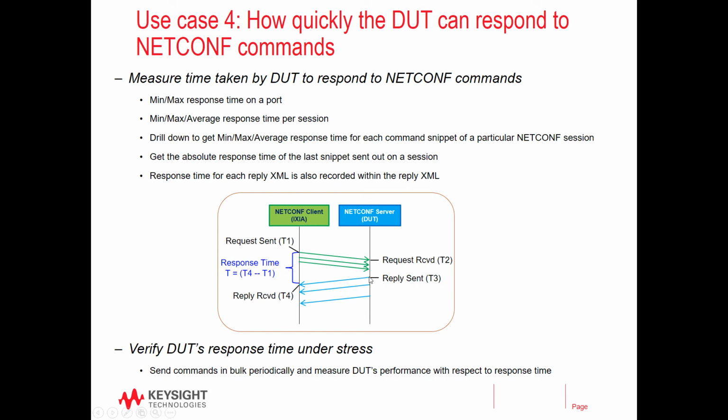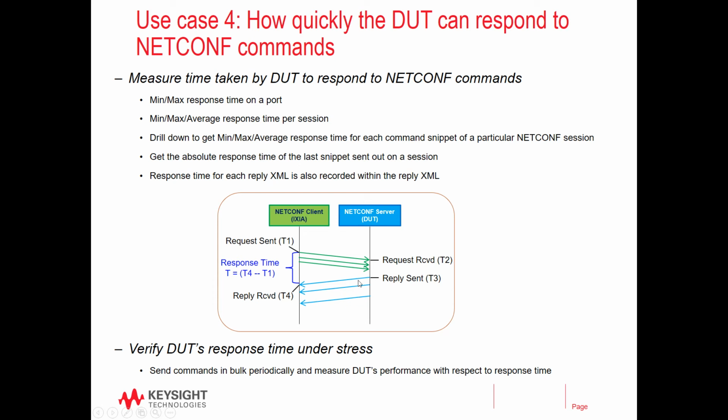So the response time for this first request is basically t4 minus t1, and you can send multiple such command snippets in the form of XML and measure the response. You can see that although these request messages were sent at equal time intervals, the responses are not equally distributed in time.